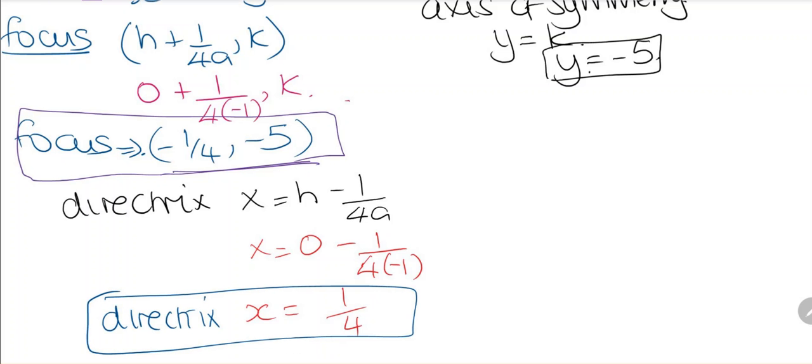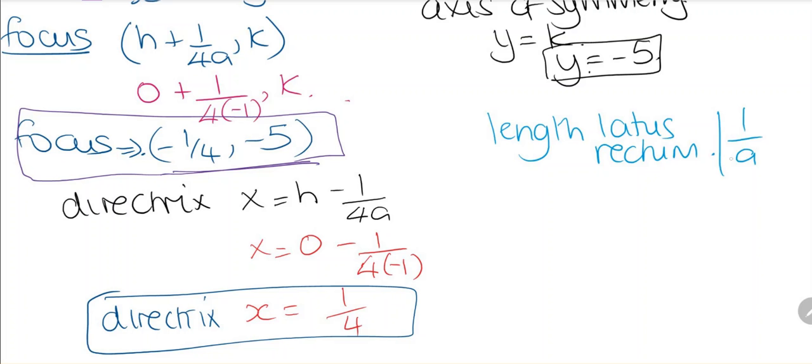Okay, so next we want the length of the latus rectum. So this is our 1 over a, absolute value. So we have 1 over minus 1.